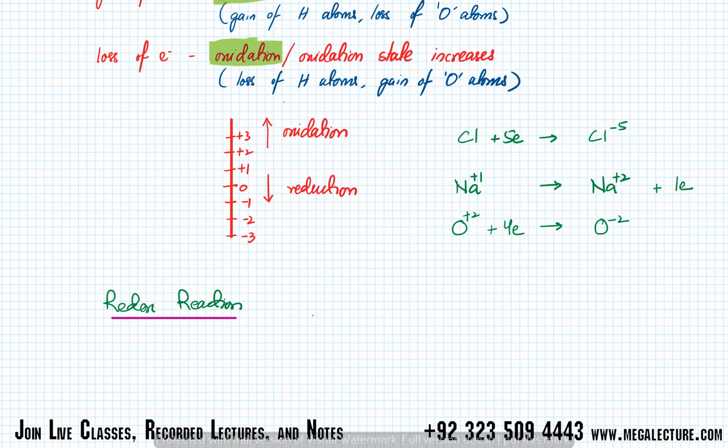So if I have sodium and it reacts with Al3+ and it reduces Al3+, you get sodium +1 and you get aluminium.